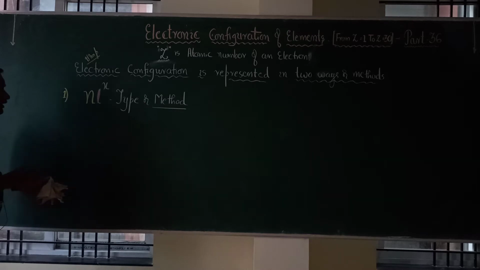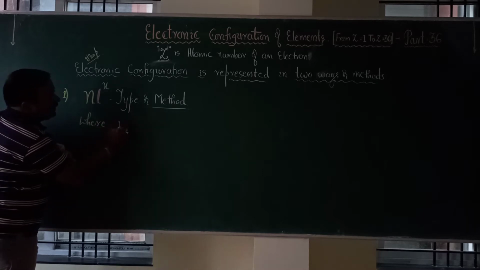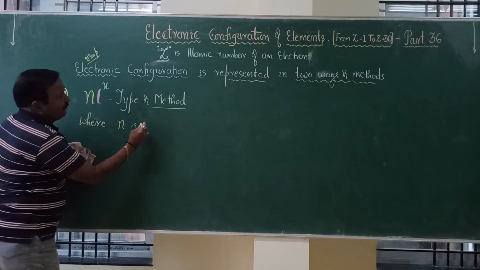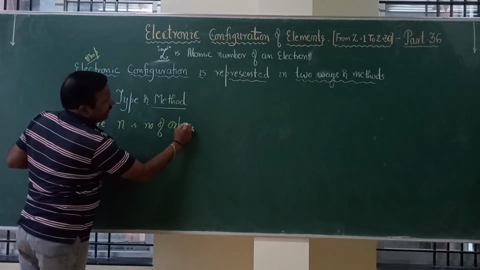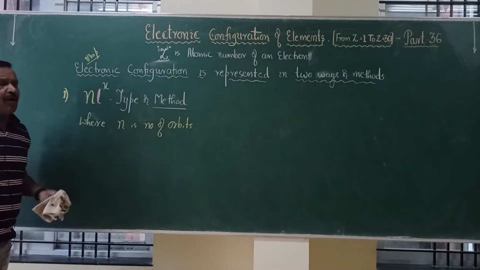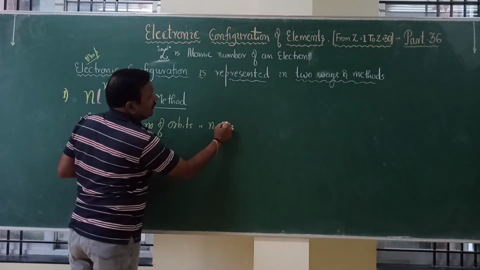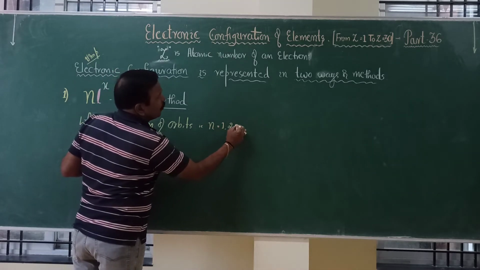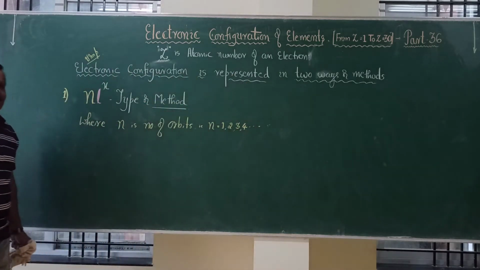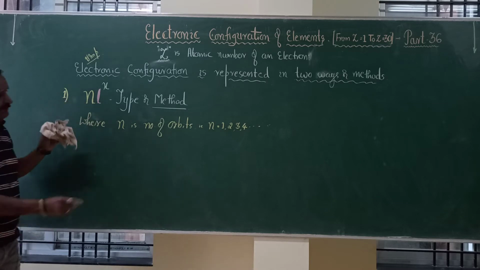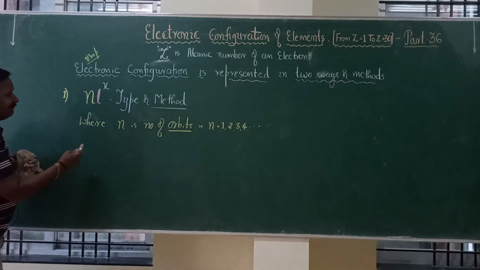The meaning of this is where N, as you already know, is the number of orbits, and N will always be equal to positive integers 1, 2, 3, 4, and so on. So N stands for orbits. Then what is L?